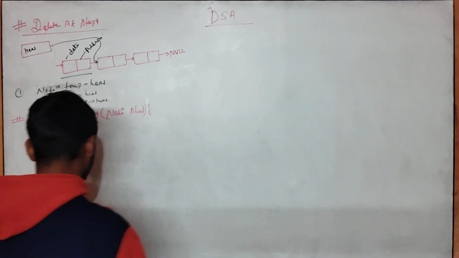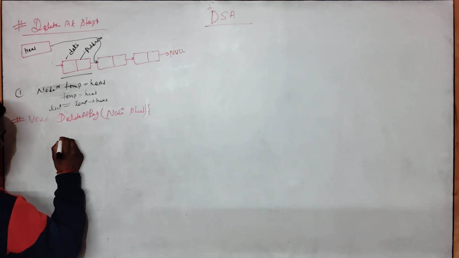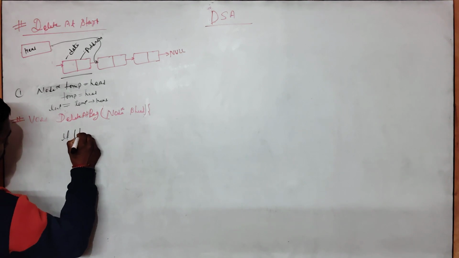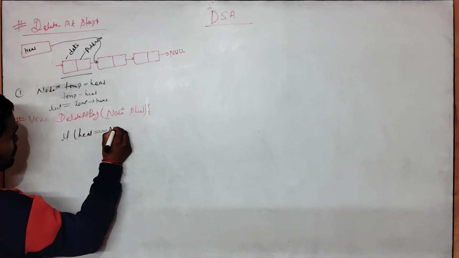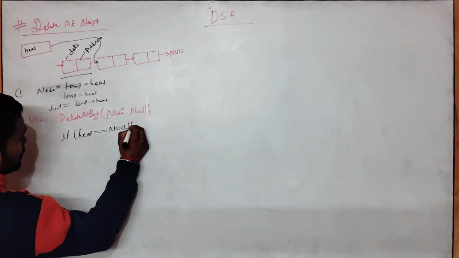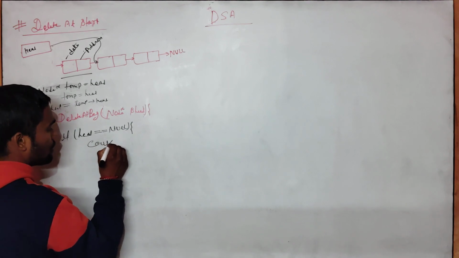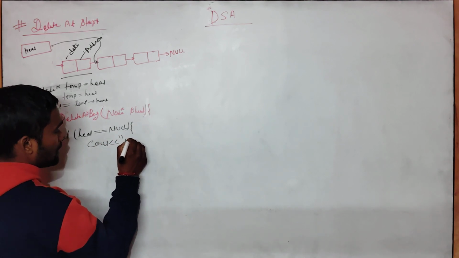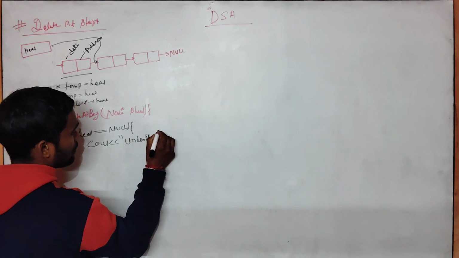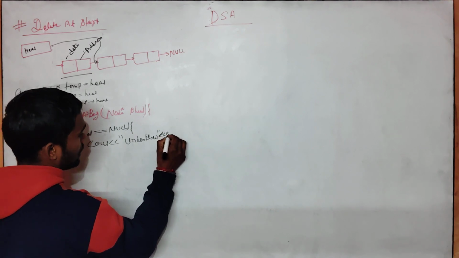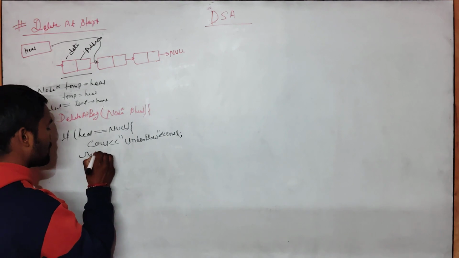I am writing: if head is equal to null, then cout underflow, endl, and simply return.